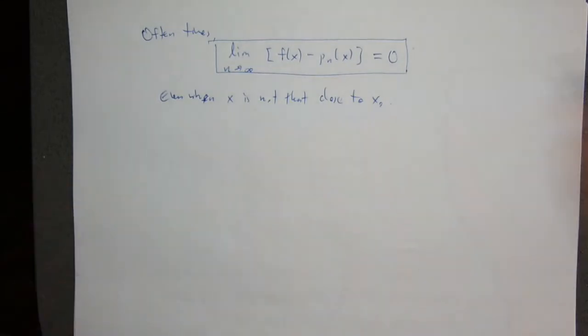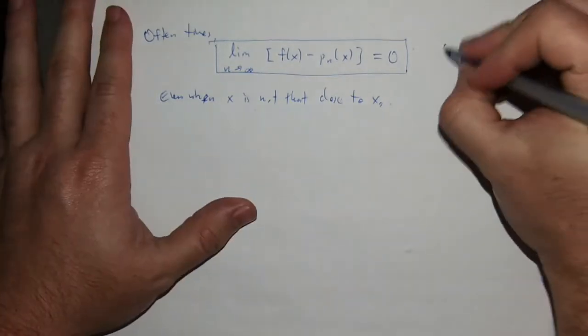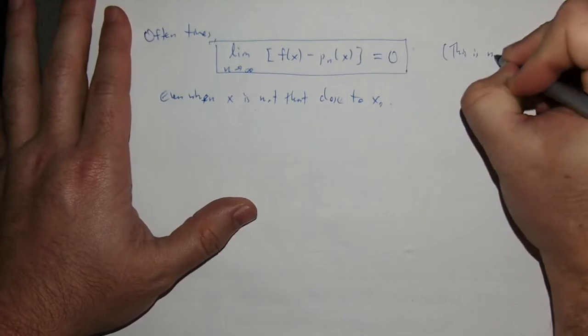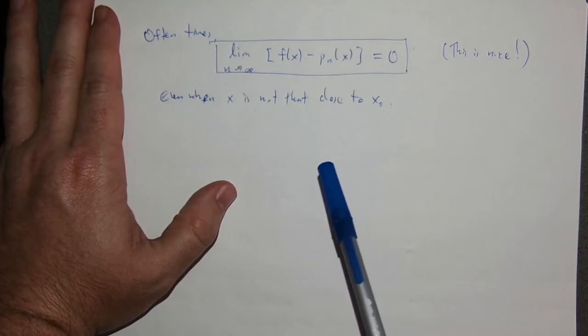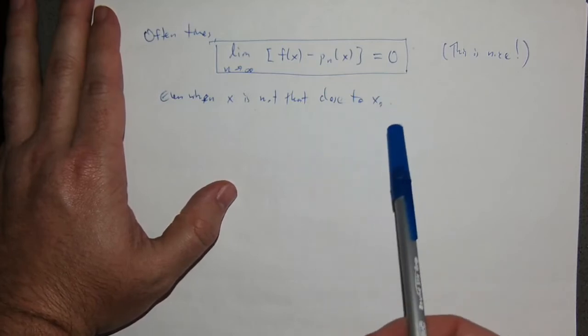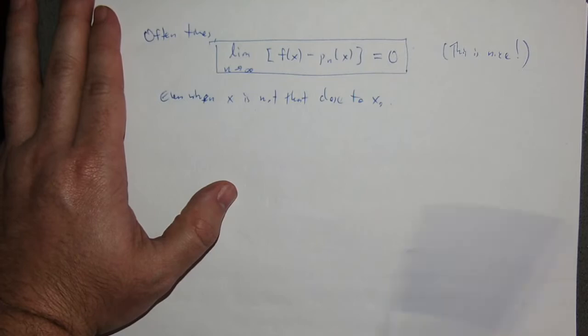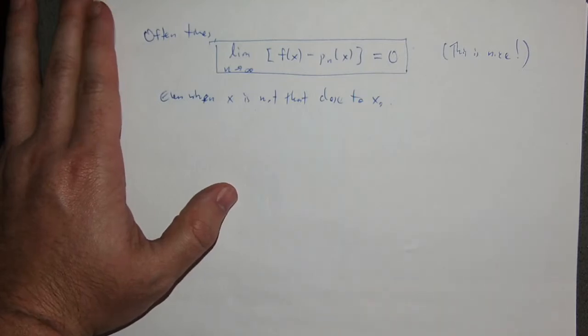So oftentimes we get this and we're actually really happy. Maybe I should write that here. This is nice. Okay, but at other times we're not nearly as happy because this doesn't work out nearly as well.